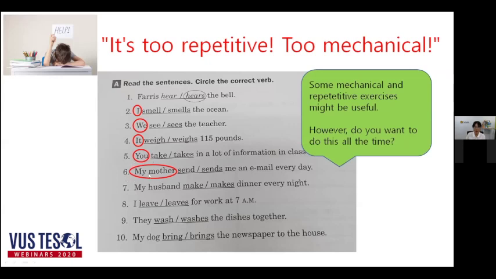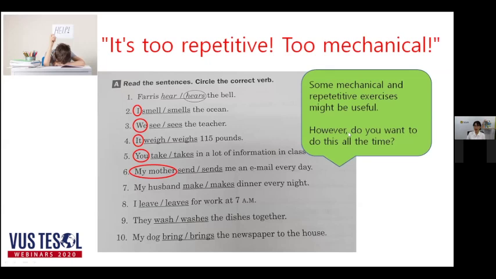Number 6, my mother sends. That's what some students will do, right? They don't have to read the whole sentence to complete this activity, because it's very repetitive, it's very mechanical. They just do it mechanically without paying attention to the meaning, right?